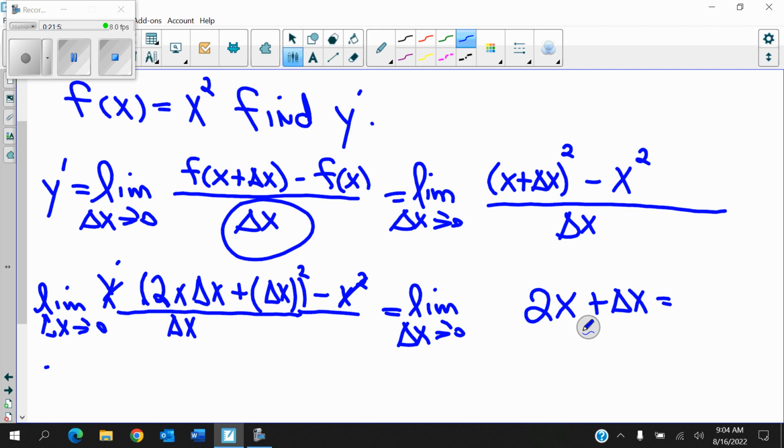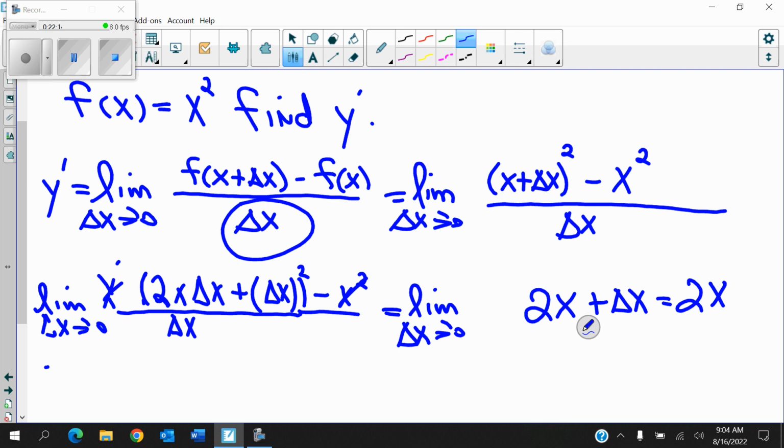Now, when delta x goes to 0, what happens to this? That just becomes 2x. And there is the derivative of that function I just gave. So if I want to know the slope of the tangent line at x equals 1, the slope is 2.